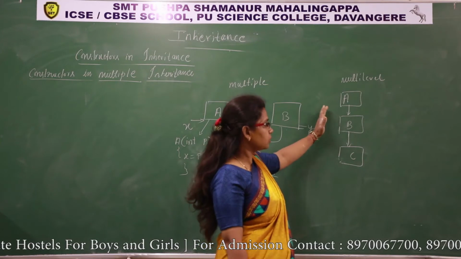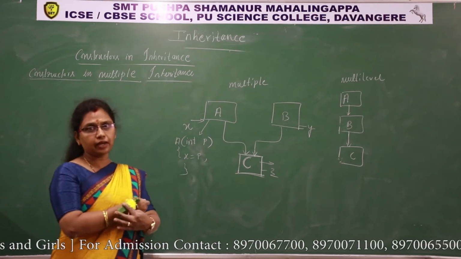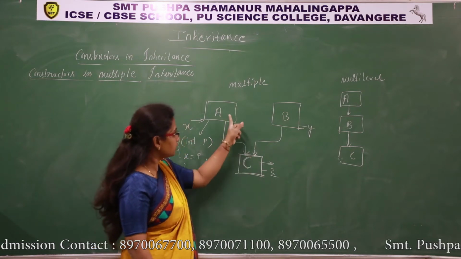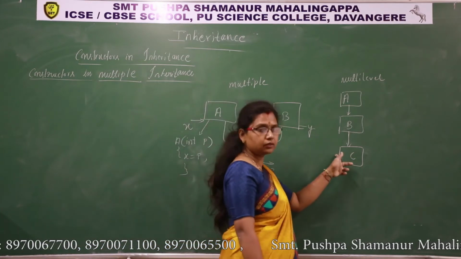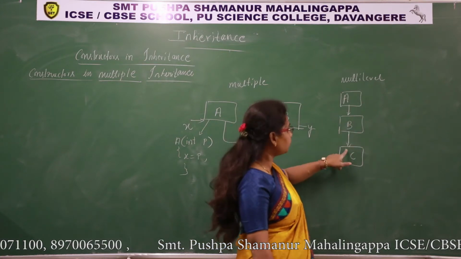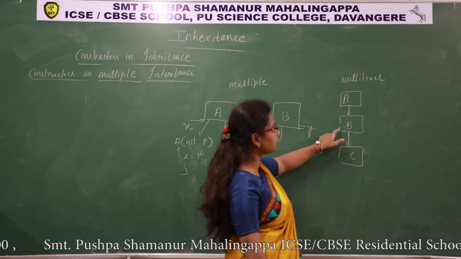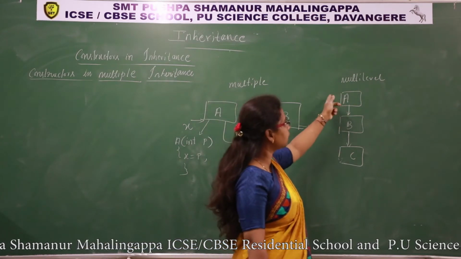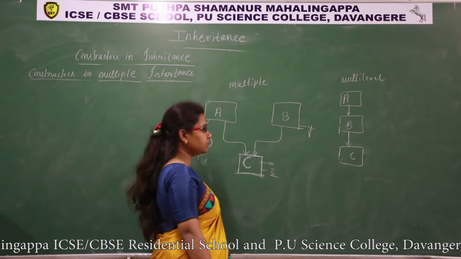In this example, class C directly has to initialize both class A and class B. In that other example, it passes the values directly to its parent class, class B. It won't directly pass to class A. Then class A's data member gets the value from the class B constructor. Are you understanding this difference?